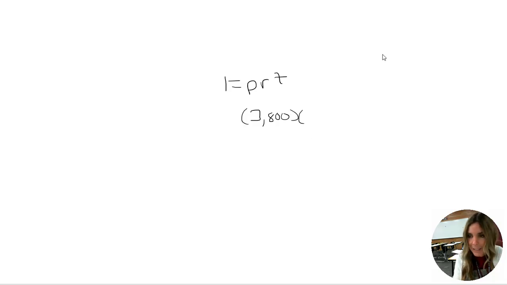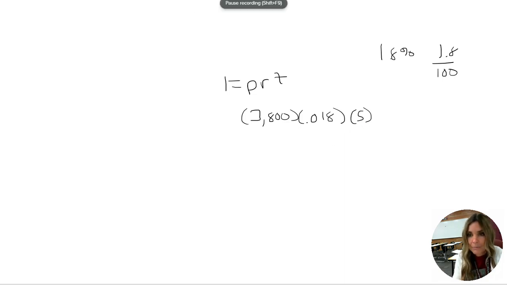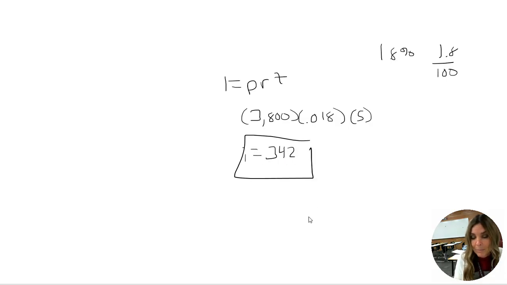The rate this time, 1.8%. To change that so we can use it in our problem, we need to take that 1.8 and divide by 100, which is going to be 0.018. And then we have to multiply that by 5. Okay, and that gives us $342. That is what she is going to pay in interest.